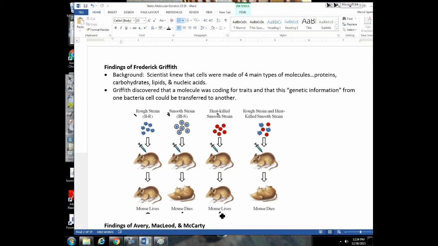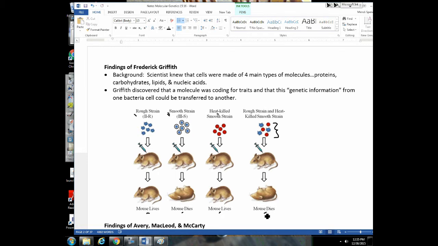Well, then he killed the deadly bacteria, but then he mixed them with some living R strains. So that's why we see both of them here in this diagram. And what he found is whenever he injected this combination of alive, non-lethal bacteria and dead lethal bacteria, for some reason the mouse dies.